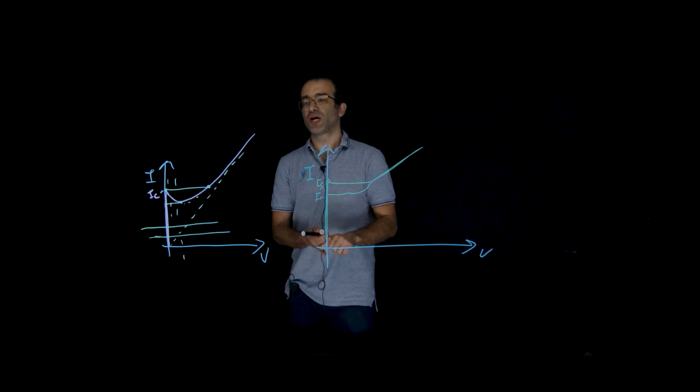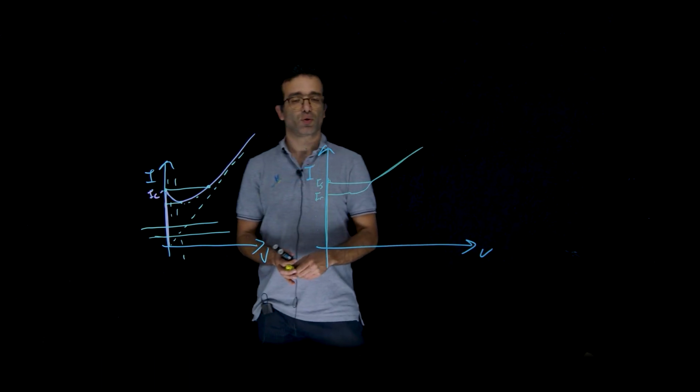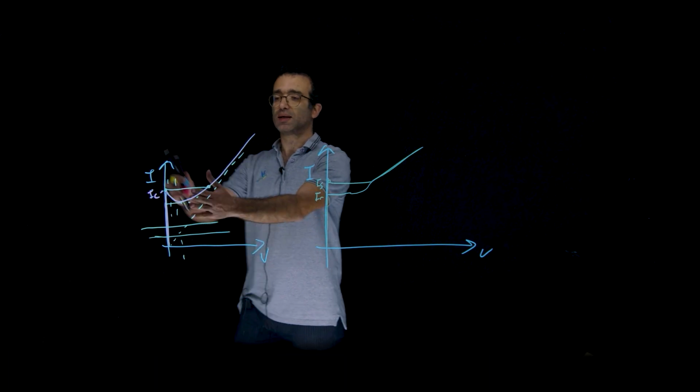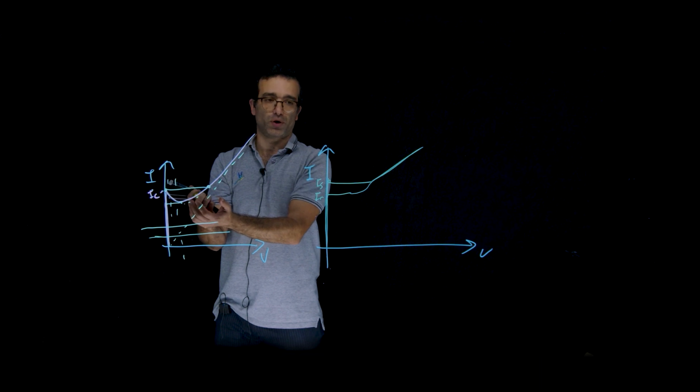So in general, we don't want our device to be hysteretic. So we would like to do a voltage bias and measure the current. So we said before that the condition would be that we impose a voltage and measure a current.